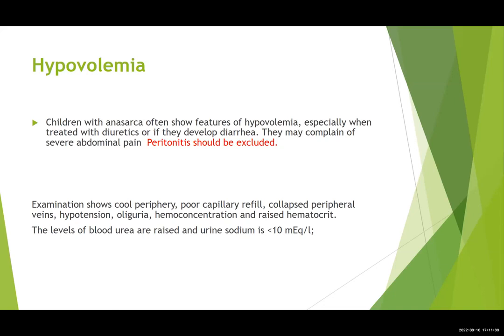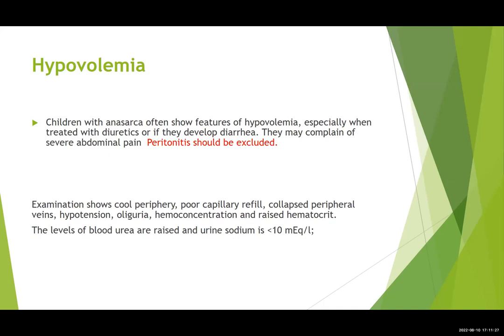If the patient has diarrhea and edema and you are treating with diuretic, they will be more prone to hypovolemia, and hypovolemia is very serious for these children. They may complain of severe abdominal pain. Severe abdominal pain is a sign of hypovolemia, but it is important to exclude peritonitis.